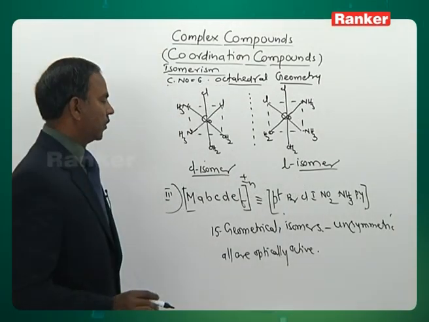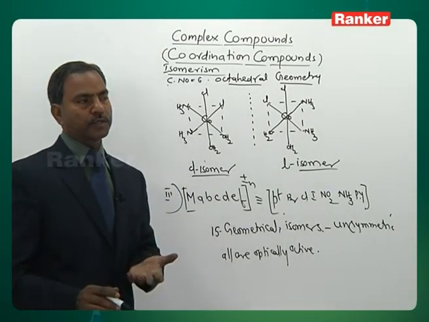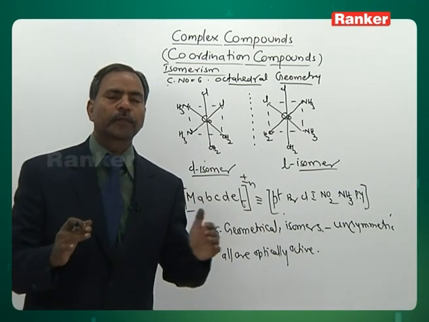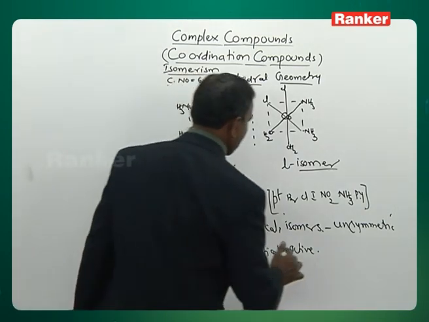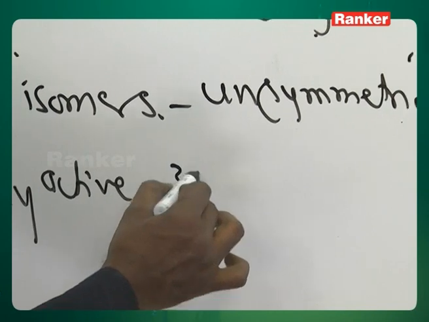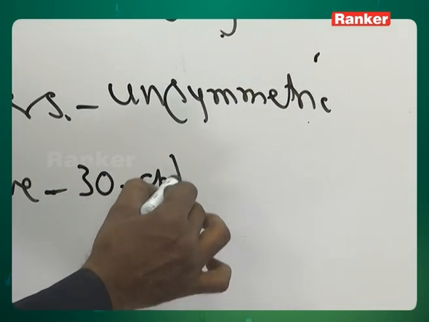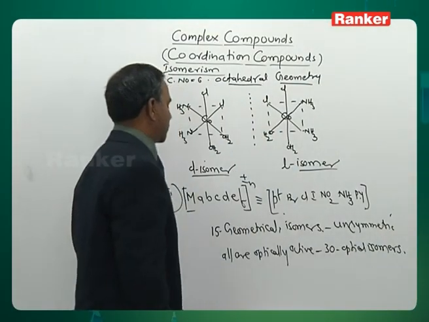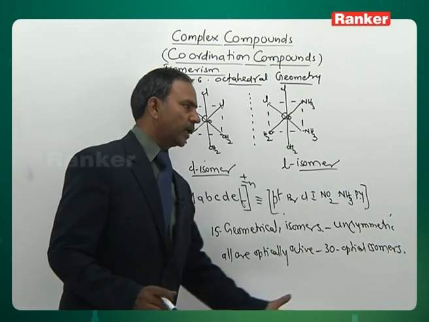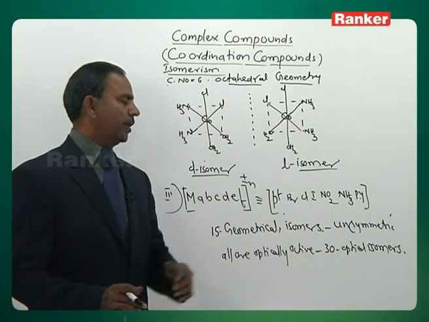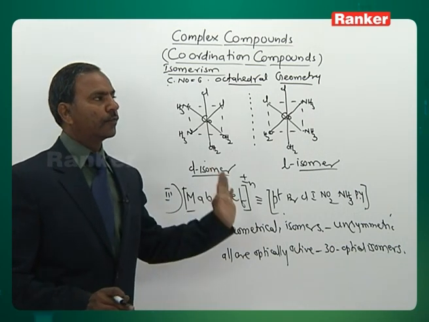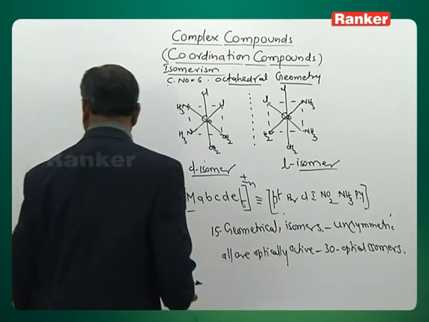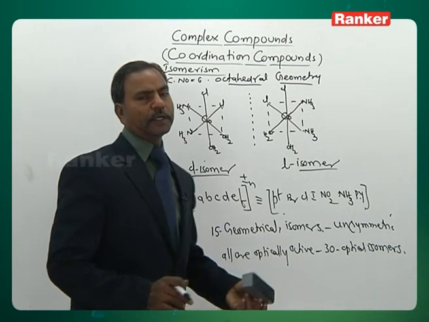Once 15 geometrical isomers are all optically active, the total number of optical isomers comes to 30: 15 are D and 15 are L. That is 30 optical isomers possible. Now, this is under octahedral geometry with monodentate ligands only.